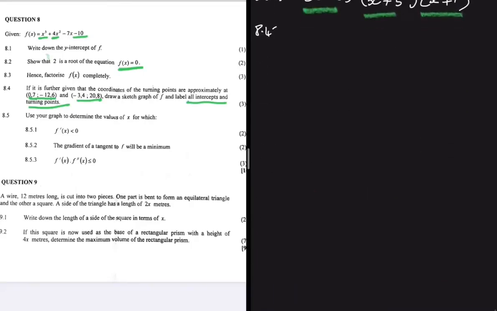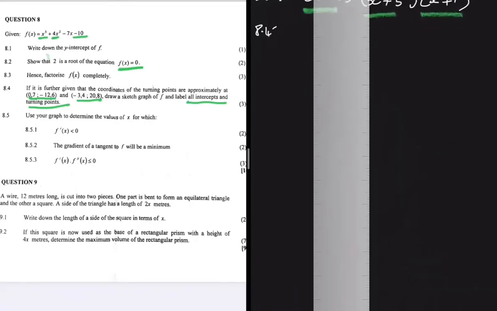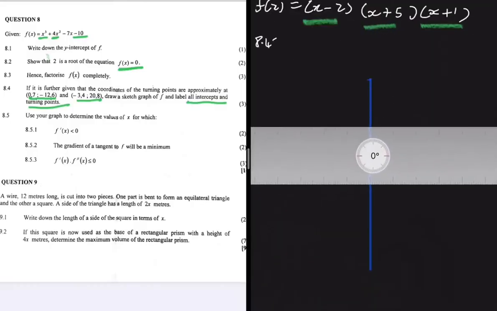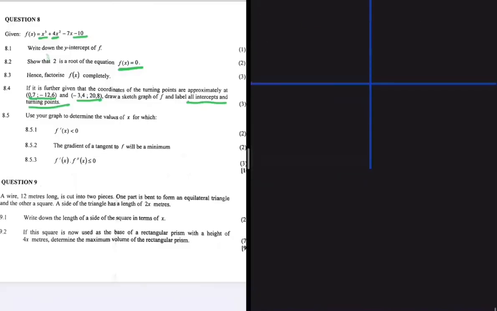So let's go ahead and do that. Let me draw the set of axes. So we can have our x here, and we can have our y here. Let's see what we get. So let's start with the y-intercept. We know that it is at minus 10.